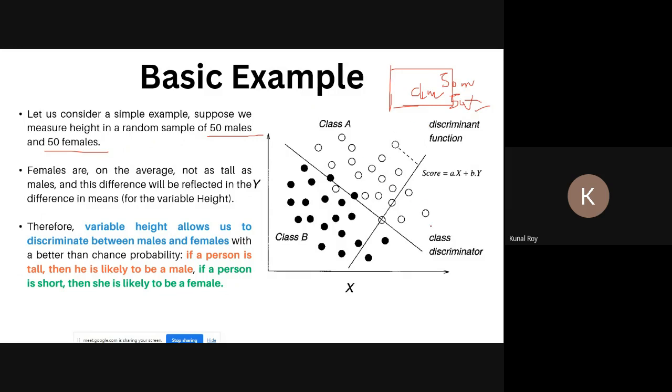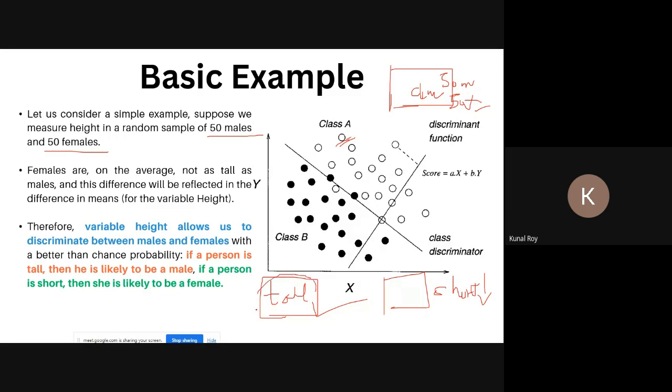In the picture, the white circles are acting like males, and the black circles are acting like females. If you find the average height, I want to determine what percentage of students are tall and what percentage of students are short. Suppose we want to discriminate between these two groups.